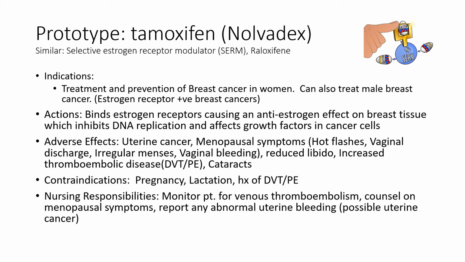Well, it blocks the estrogen receptor from being stimulated by estrogen. So at the breast, it should slow down the growth of estrogen positive breast cancers. We test the cancer, we see if the cancer is sensitive to estrogen, and if it is, we would use an estrogen receptor blocker such as tamoxifen. Okay.